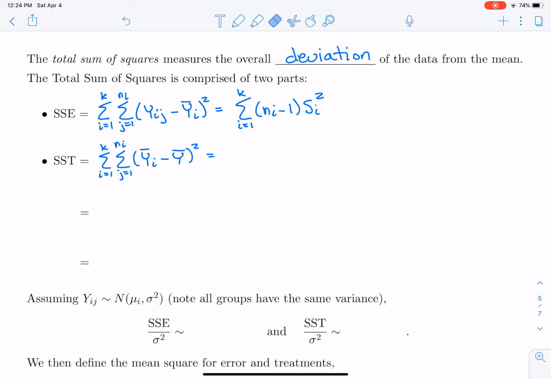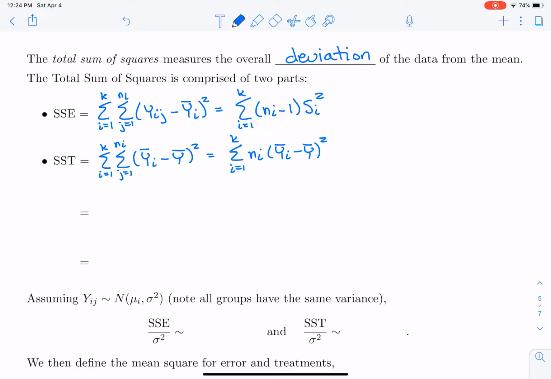So, in fact, we can write this as the sum from i equals 1 to k of n sub i times (y i bar minus y bar) squared. And that's a really nice simplification of the sum of squares treatments. That's one formula that we could use, but there is another one that the book tends to use.